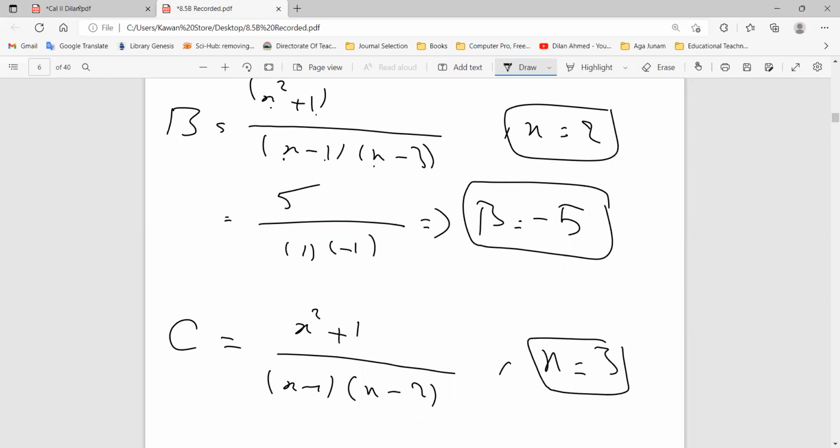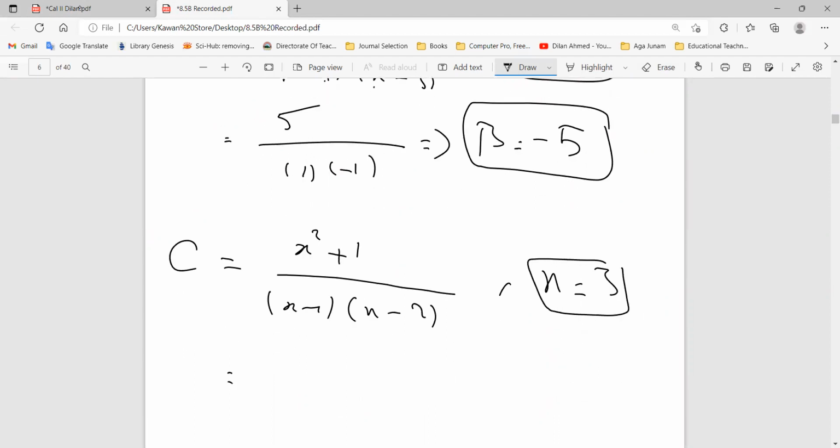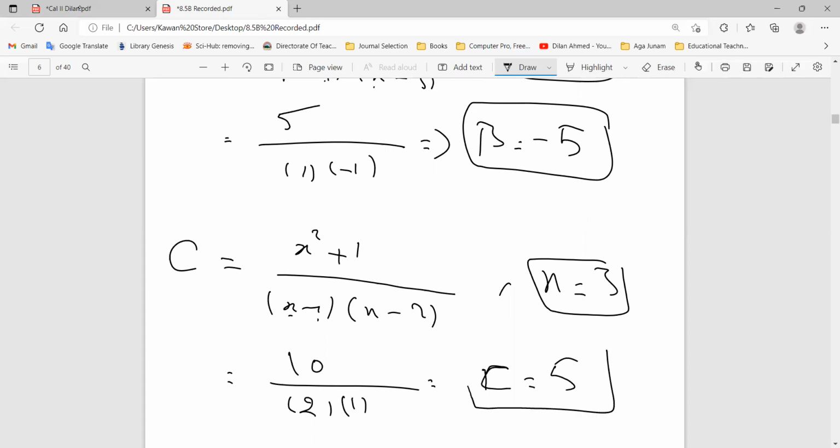You finished. Substitute, and you will get 9 plus 1, 10; 3 minus 1, 2; 3 minus 2, 1. So C equals 5. Understood? Isn't it easier?